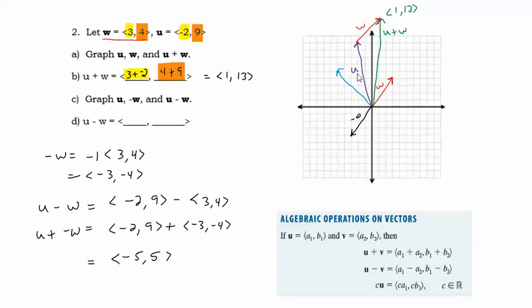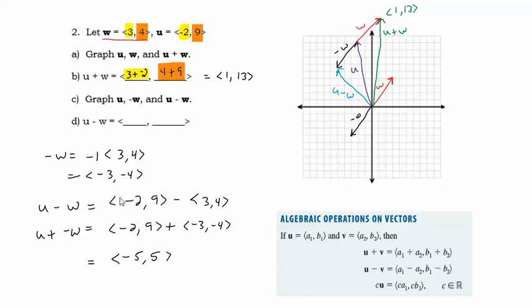I'm going to shift this vector minus w up here and put the tail on the head of u. That's minus w. So this gives me the vector u minus w. And this green one, if I did u plus w, gives me the vector u plus w.